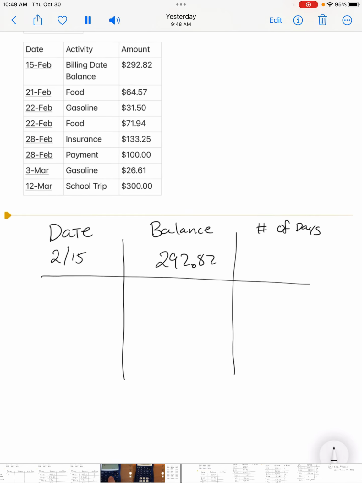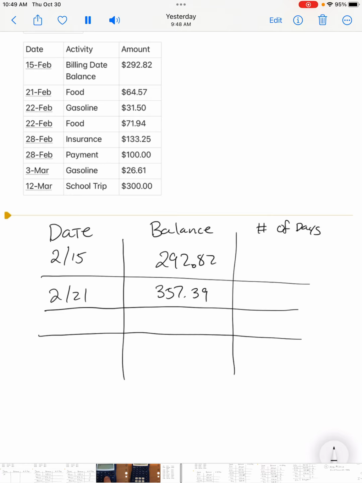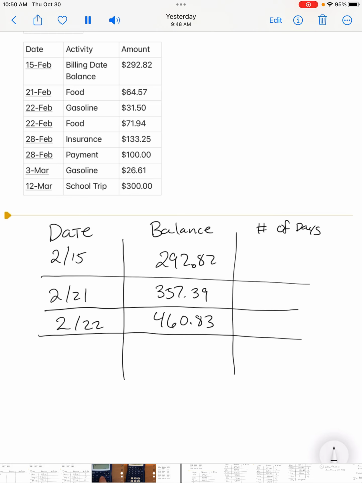Then we see the next thing happen on February 21st. We made some purchases, so our balance is going to go up by $64.57 to be $357.39. Then on February 22nd, two things happened. I bought gasoline and bought food. Adding both of those in brings me up to $460.83. Then on February 28th, two things happened, right?